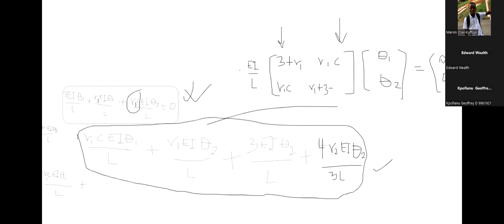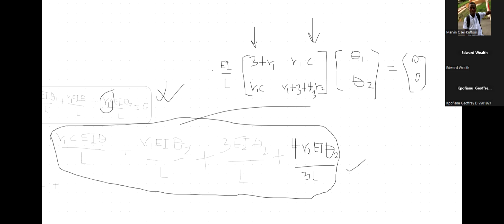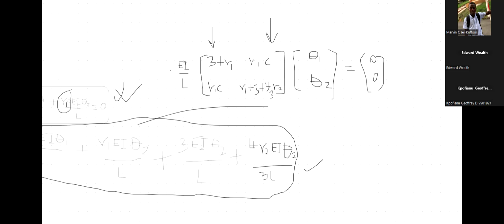R1 plus 3, plus 4 on 3 R2. Do you see the 4 on 3? So we have this now. Is that okay? Yes. R1 plus 3, plus 4R2 on 3.